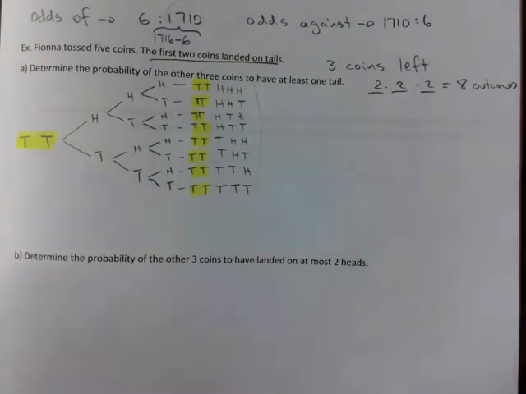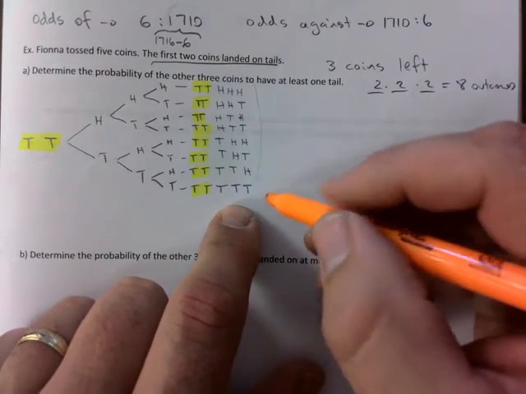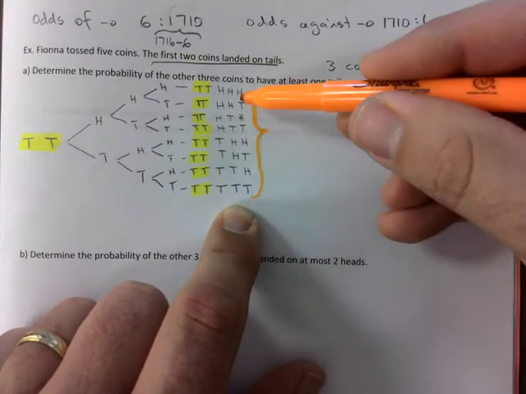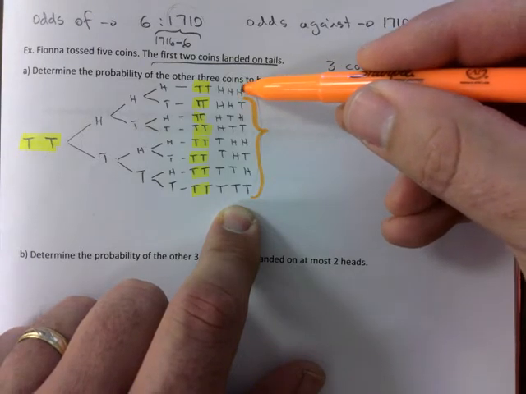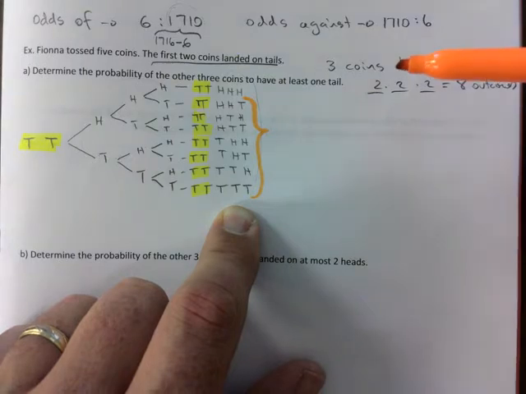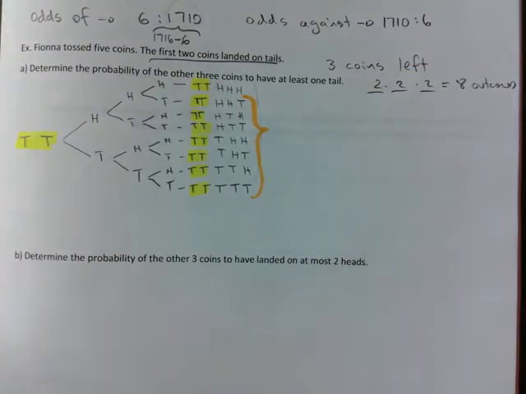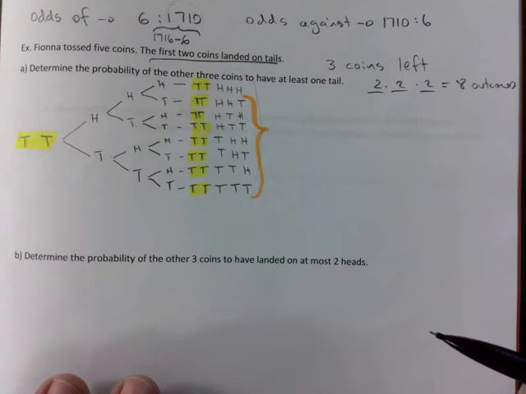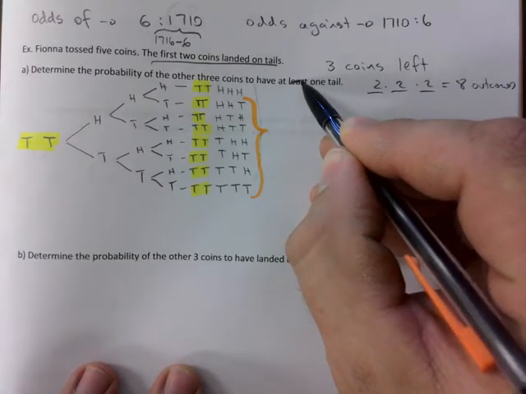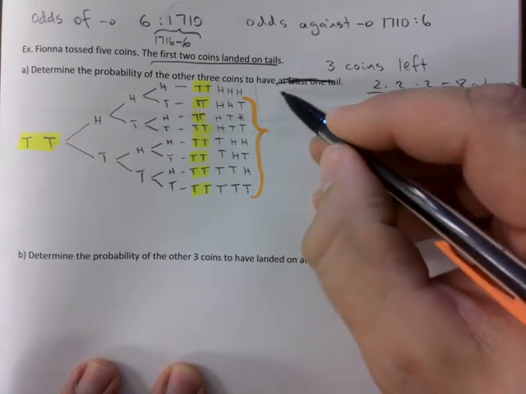So at least 1 tail. That would be all of this, right? Because this is the only case where you have no, sorry, I messed this up. At least 3 tails, guys. Can you cross this off?